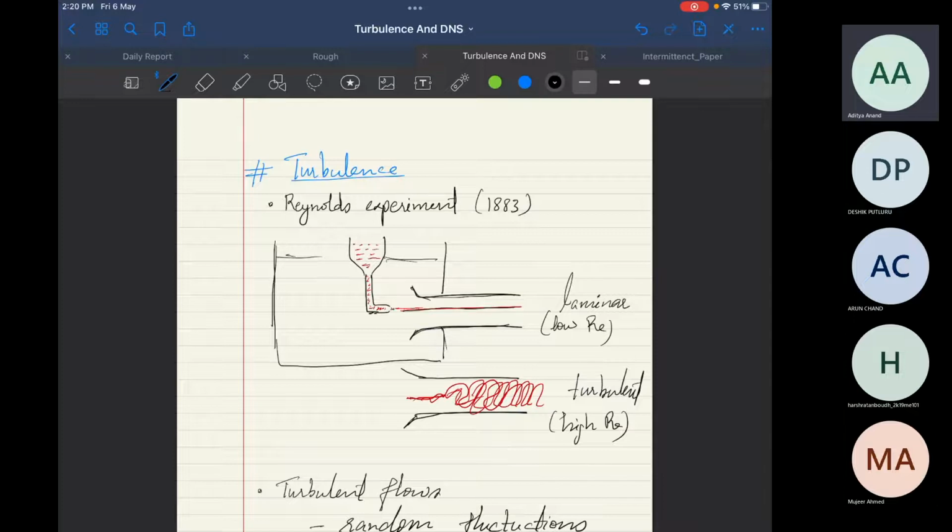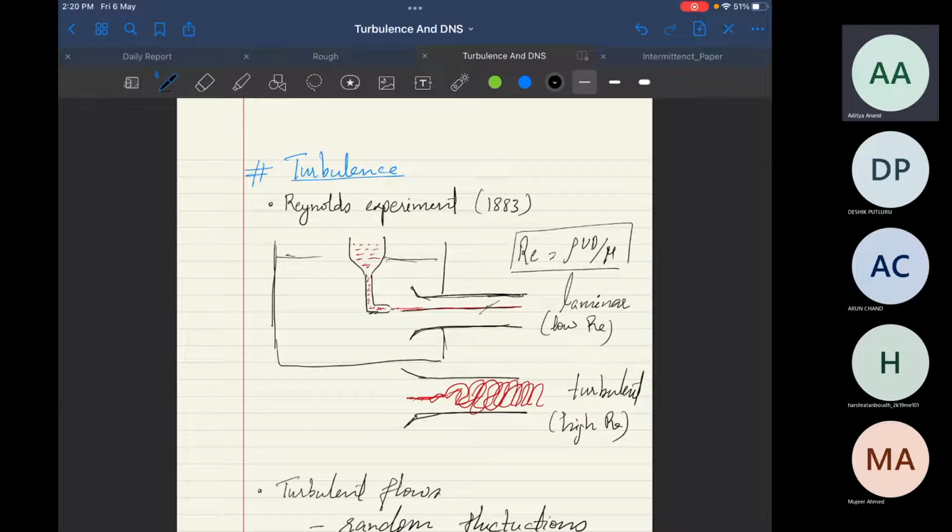He observed how the dye behaved with a non-dimensional parameter called the Reynolds number. As you know, it is rho u d by mu, where rho is the fluid density, u is the average velocity in the pipe, d is the diameter of the pipe, and mu is the viscosity of the fluid.